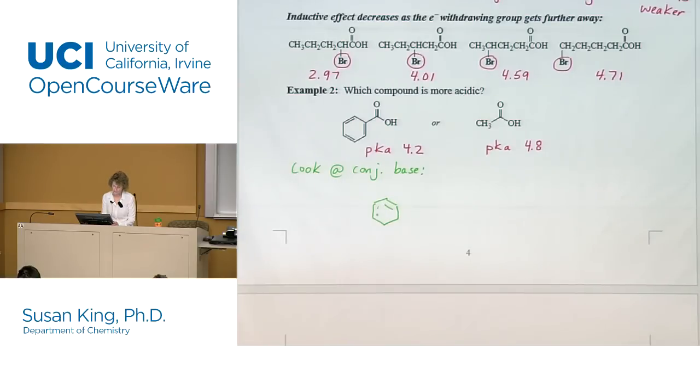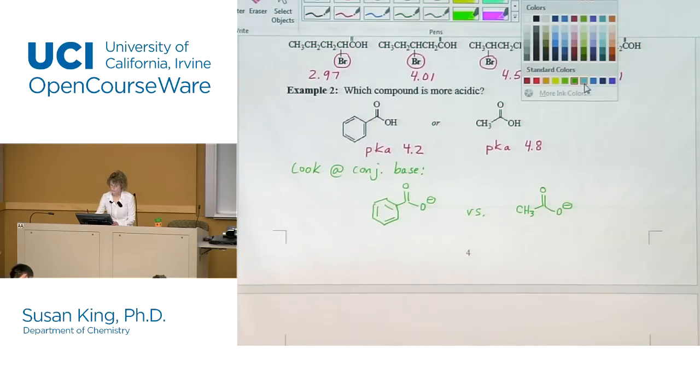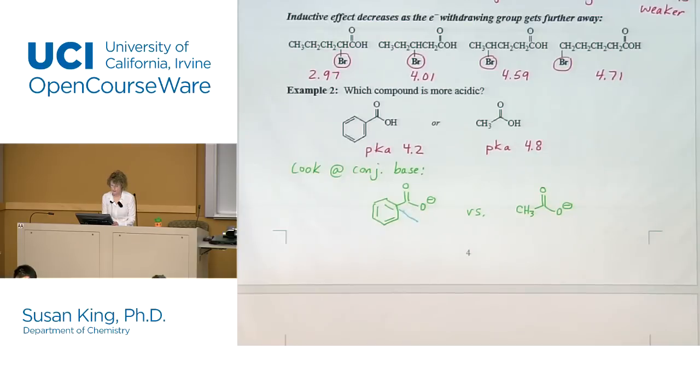It turns out that the phenyl group, the benzene ring, is slightly electron withdrawing. So if we compare benzoate ion with carboxylate acetate ion, this is an sp2 carbon, right? sp2 carbon. More electronegative than an sp3.